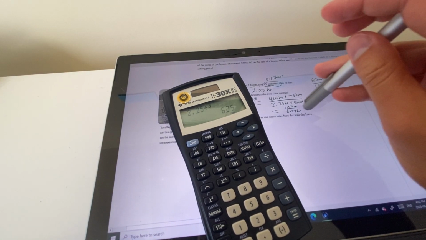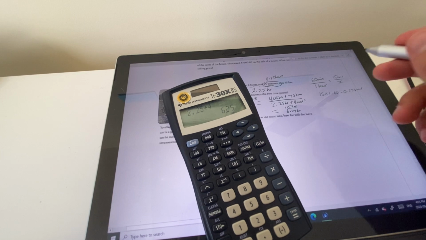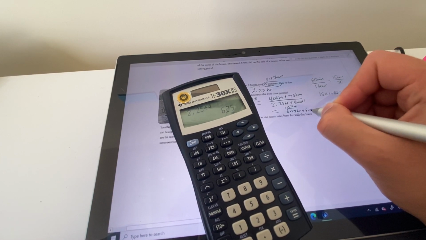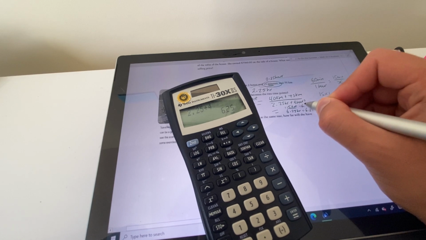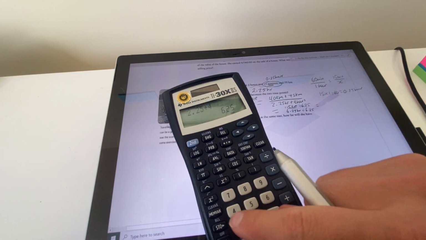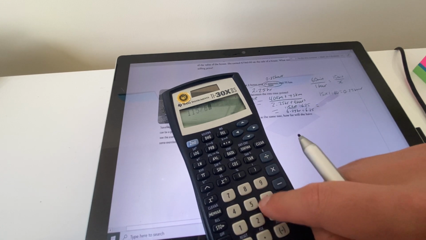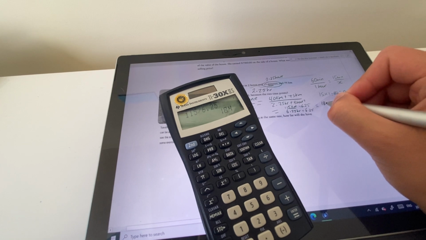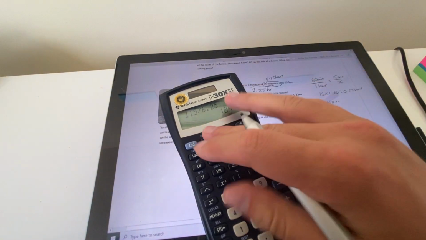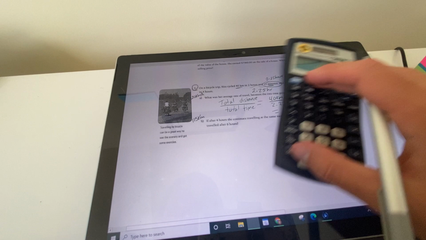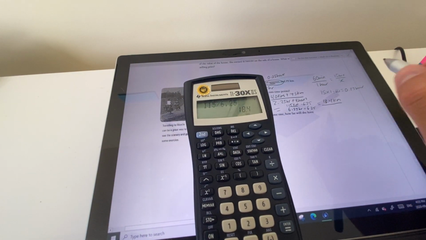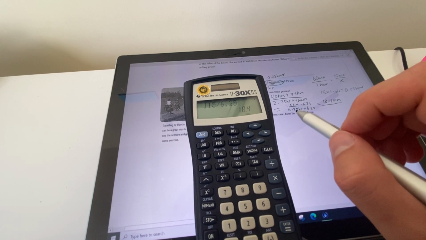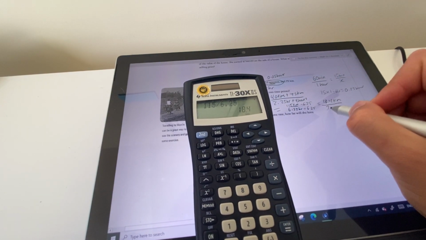And now we want it as a rate, so that bottom number has to be a 1. So we're going to divide both values by 6.25. So 115 divided by 6.25 gives me 18.4 kilometers. And 6.25 divided by 6.25, well, that gives me 1 hour.